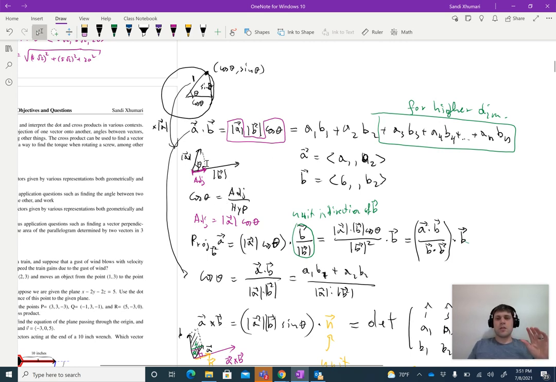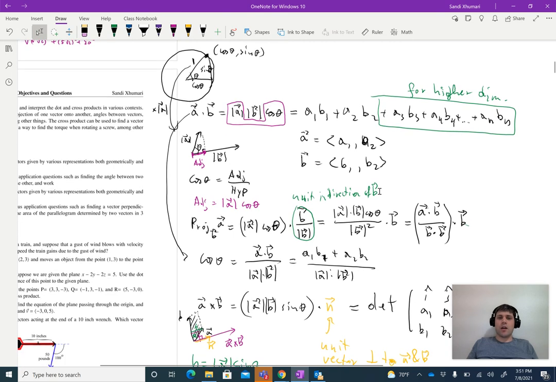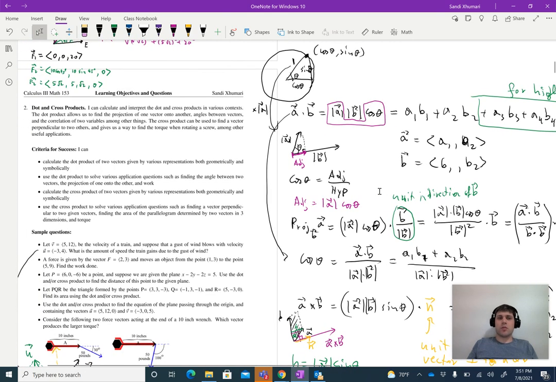That can be done also in the reverse way if you take b projected onto a and then scale it by a. Okay, and so that's one of the ways to think about why a dot b is the same as b dot a.